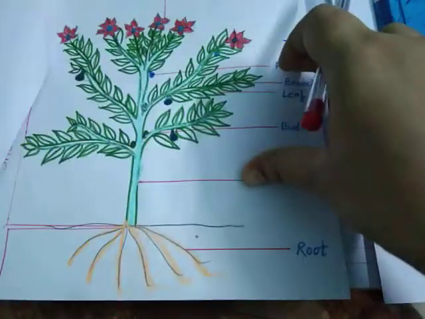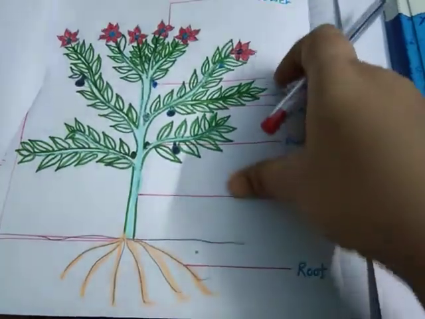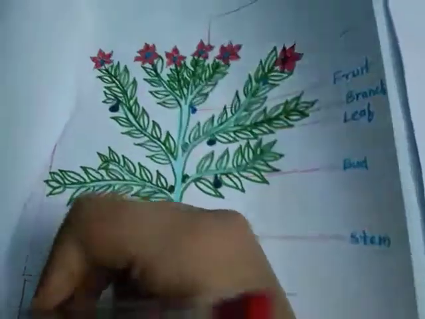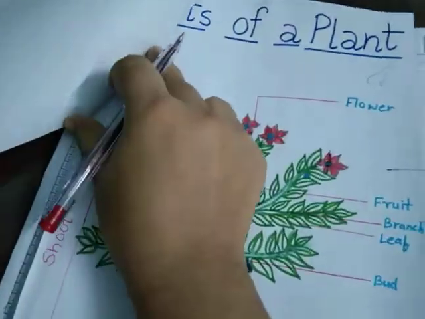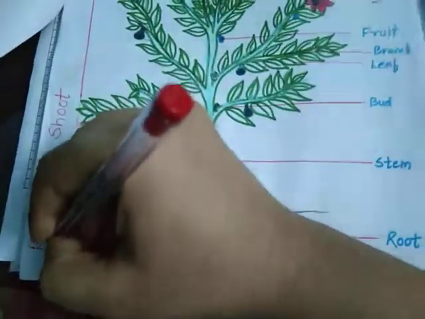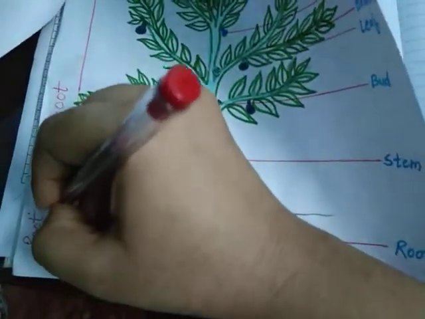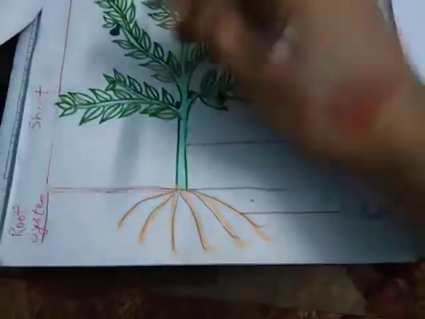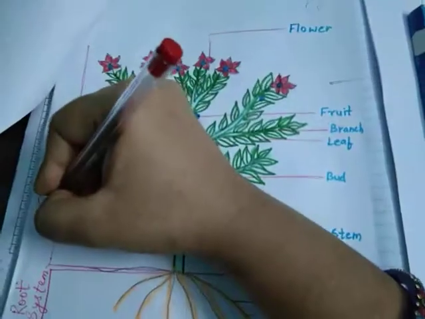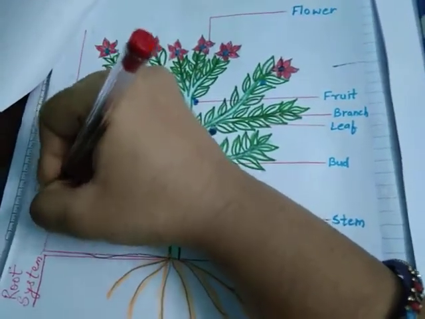Okay, one more thing is there. Apart from these parts, the plant part below the soil is called root system, and the plant part above the soil is called shoot system.